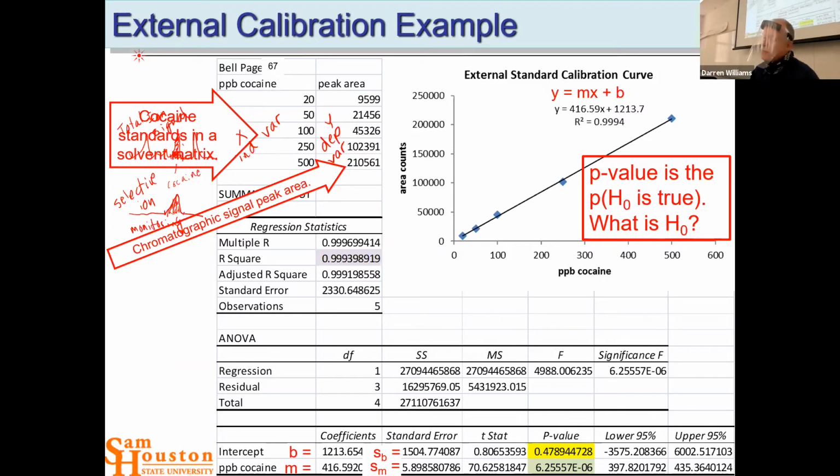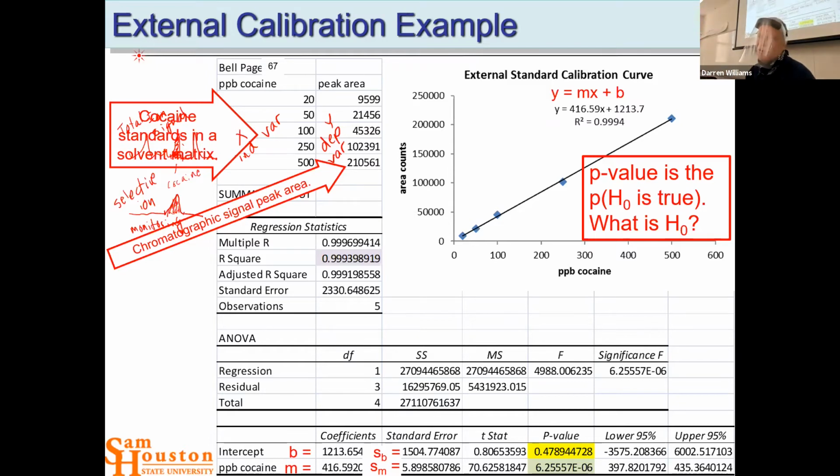But the technical way to say it is it's the probability that B is caused by random variation in the data. And so random variation in the data is giving us the number 1200. Okay, so it would be 0 if there was no random variation in the data. Why is it not significantly different than 0? Well, the 0.47, we have a 48% chance that random variation in the data, not anything related to cocaine and area counts, is giving us the number 1200.